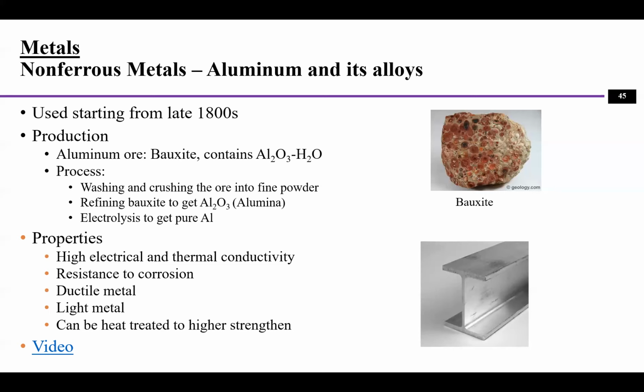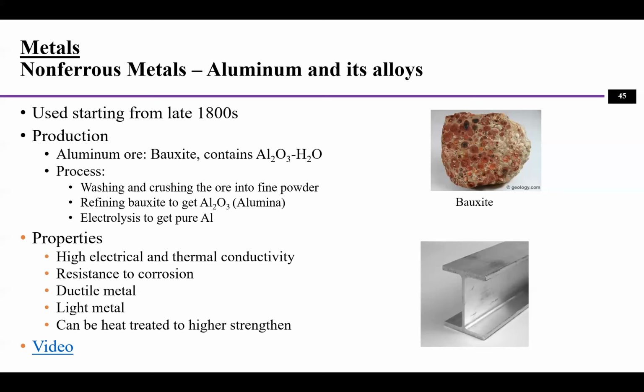That's because the production method of aluminum went through a major revolution. But before that, aluminum used to be a very expensive metal that could only be used by rich people, right? For example, silverware could be made of aluminum.